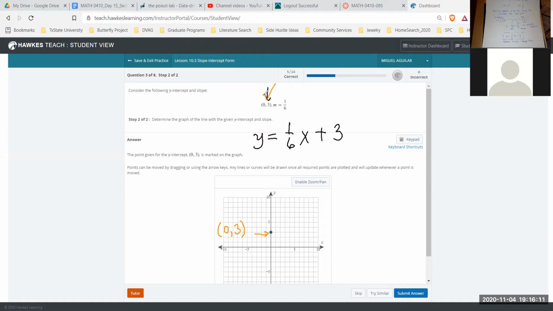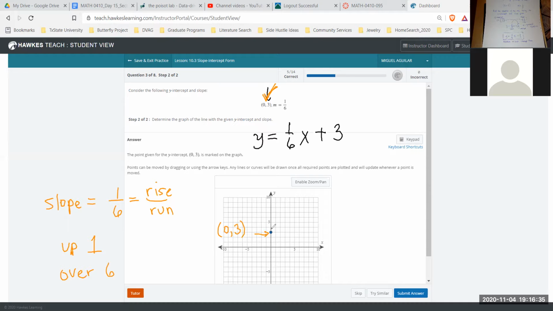That's already done. So the slope, which is 1 over 6, that's your rise over run. So that's telling you to go up 1 from that point and then go over 6. And those are both positive numbers.